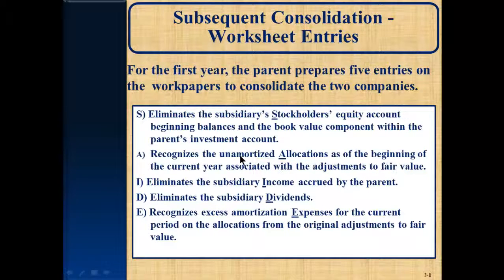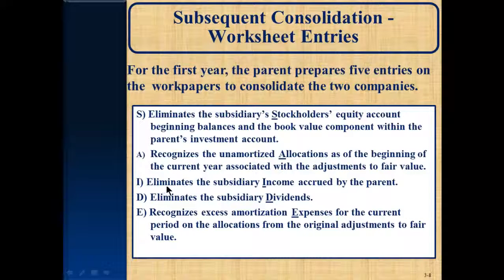And so you're going to, most of the time, have an upward adjustment to those assets that you're going to then have as your new basis. On this little worksheet that you're going to keep in your legacy file, you're going to handle the amortization of that. But don't confuse, I should say depreciation, because I don't want to get confused with this letter A. A stands for allocations of that excess fair market value.